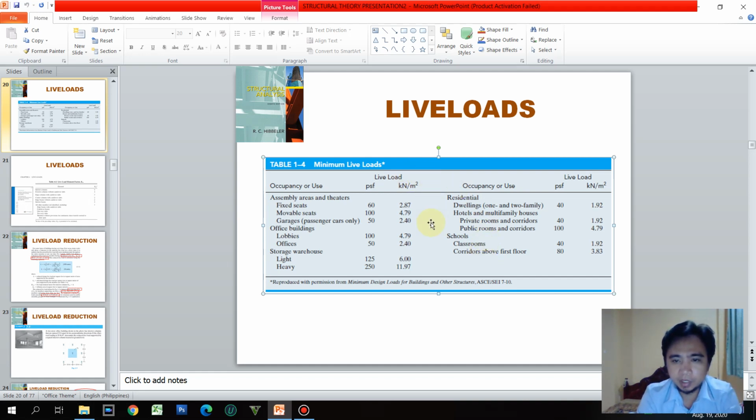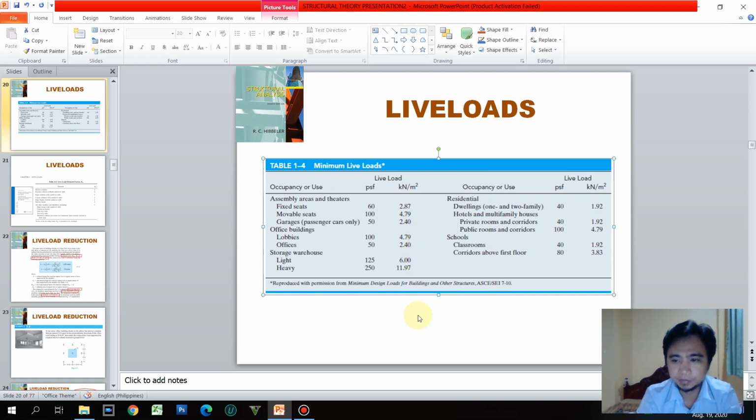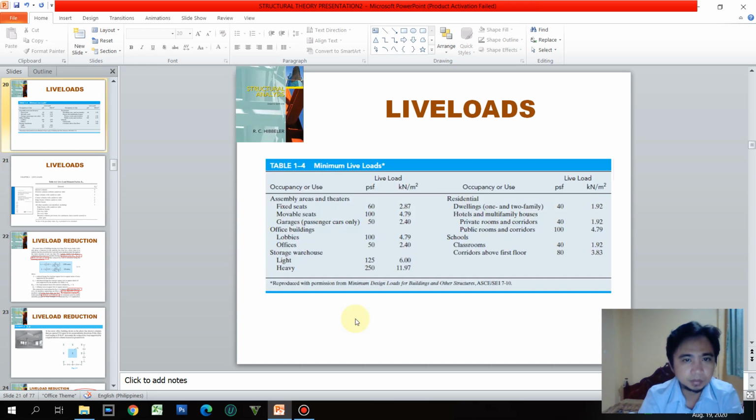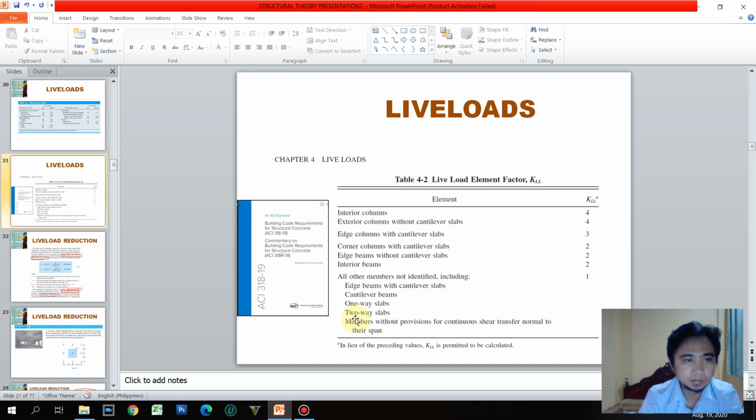Aside from the ASCE reference, we also have live loads derived from the National Structural Code of the Philippines. Moving on.